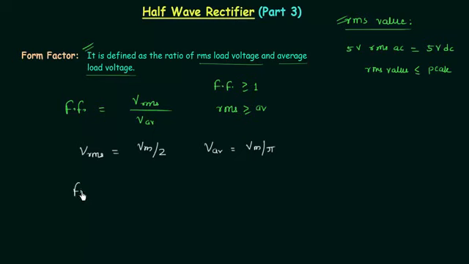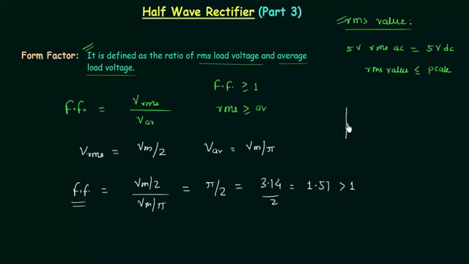So form factor is equal to Vm divided by 2 divided by Vm divided by pi, or it is equal to pi by 2. Pi is 3.14 divided by 2. So finally we have 1.57 as the value of form factor for half wave rectifier, and you can see it is greater than 1.